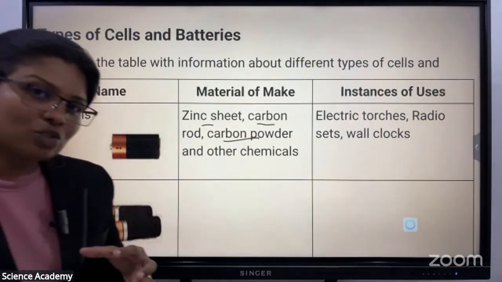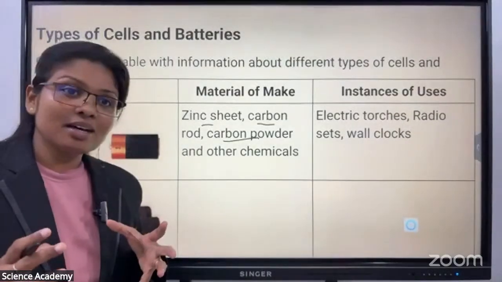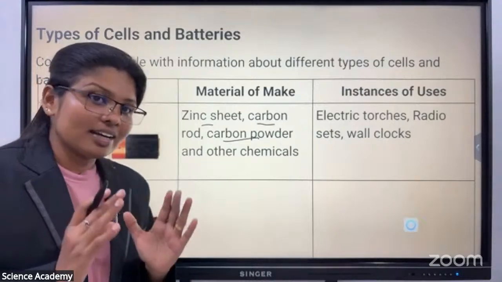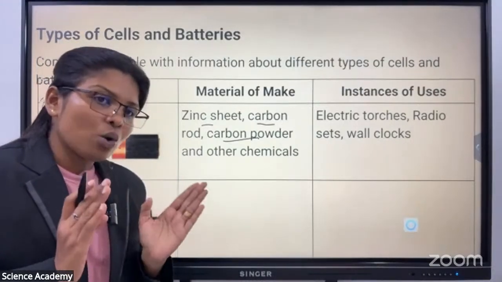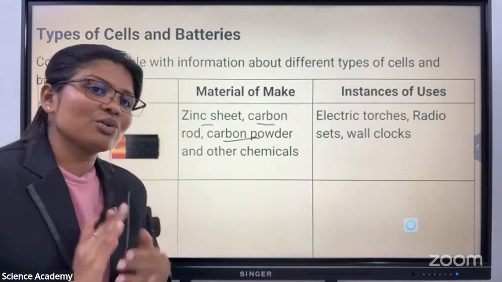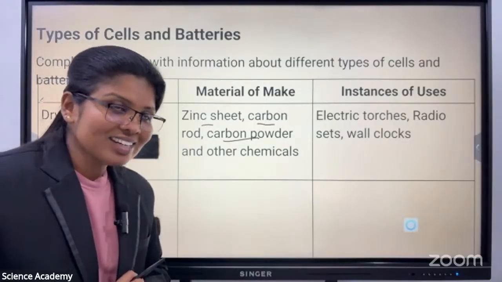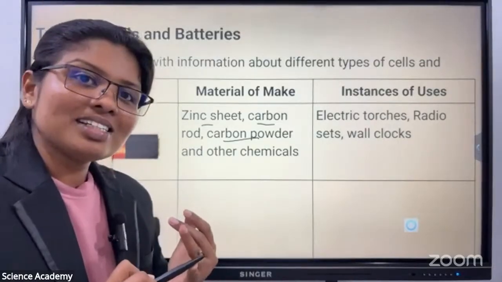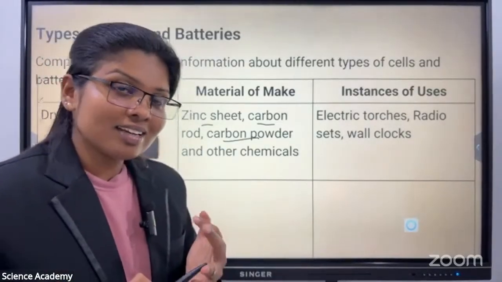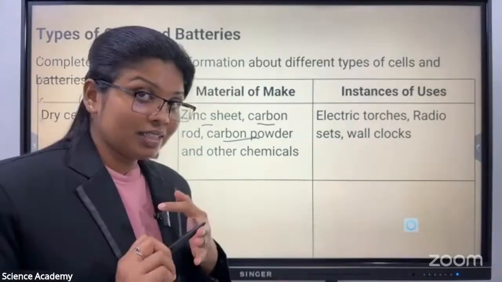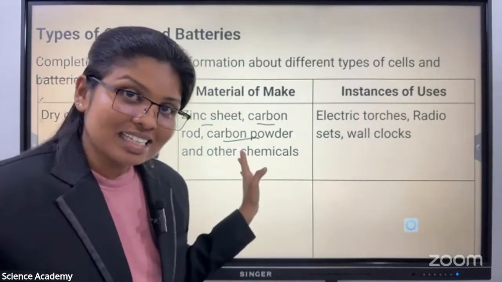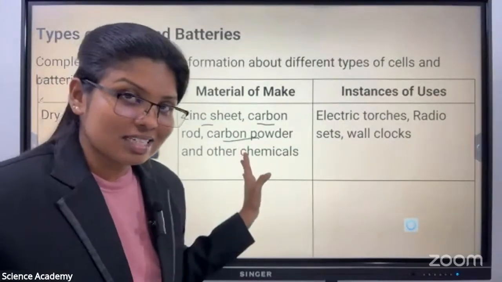In the previous week, if you can remember, we cut open a battery and observed what is included in it. You observed ammonium chloride, manganese dioxide, and graphite powder or carbon powder included in a muslin sack or a muslin bag.